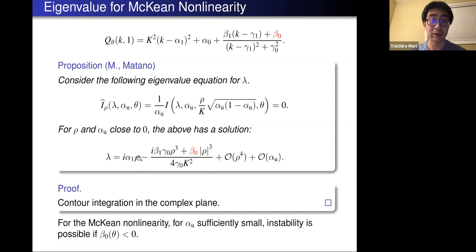If beta zero is negative, it is possible for lambda to be positive.